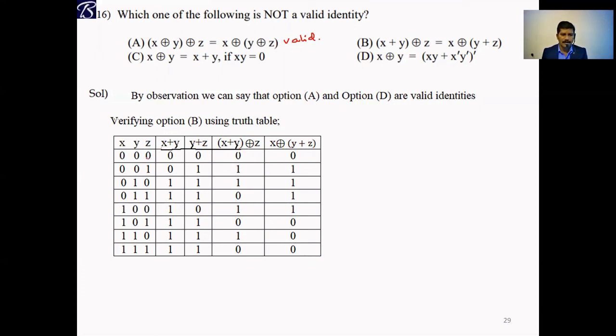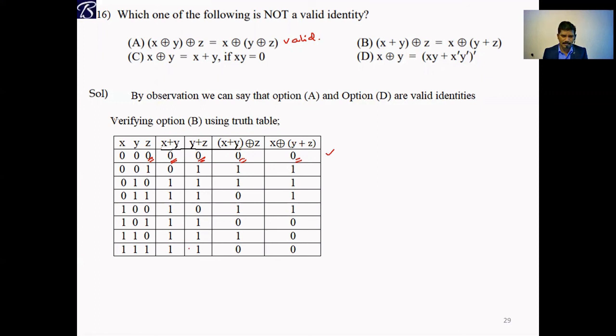Now, what is X + Y? 0 + 0 is 0, and Y + Z, 0 + 0 is 0. X + Y is 0, and Z is 0, so 0 XOR 0 is 0 only, because of the XOR operation. Like that, X XOR (Y + Z): Y + Z, and X is 0, so 0 XOR 0 is 0, so this is correct.